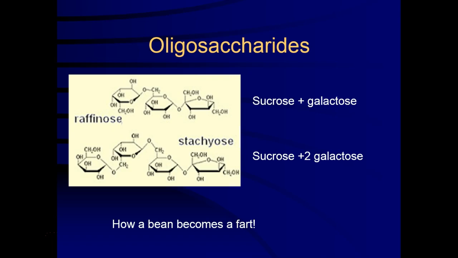And then coming off the alpha glucose is a galactose. So that's kind of cool. We've got all three different types of energy-containing monosaccharides, hexose sugars. Stachyose just has 2 galactose. So basically it's sucrose plus galactose, or sucrose plus galactose and galactose.